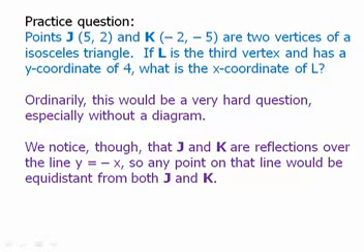They have to be reflections over the line y equals negative x. So any point on the line y equals negative x would be equidistant from them. And so what's a point on the line y equals negative x with a y coordinate of 4? Well, it has to be x equals -4. We get the point -4, 4. So -4 is the x coordinate of L.